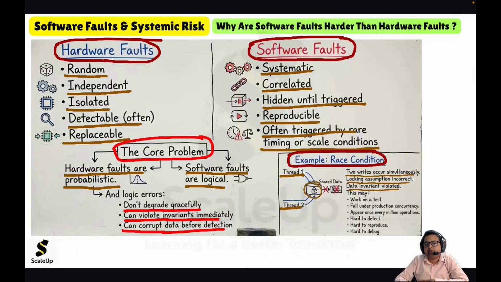In the lab or in the development environment, you might not face this race condition, but the same system which works in a development environment can very easily fail under production concurrency, because a race condition might appear once every million operations, and race conditions are hard to detect, hard to reproduce, and hard to debug.